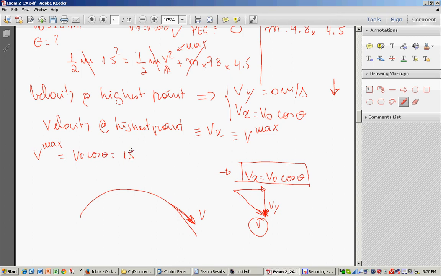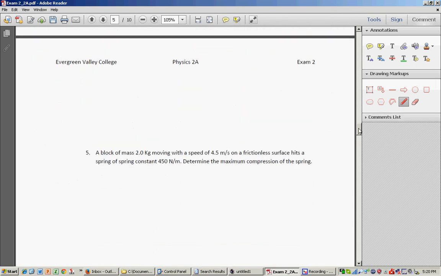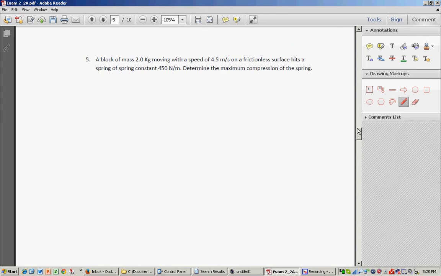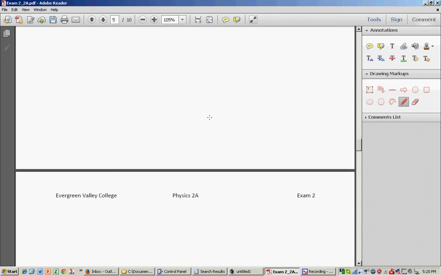V max, which we calculated in the first part, is equal to V naught cosine theta, or 15, because that's the value of V naught cosine theta. So our cosine theta is equal to V max, which we calculated, divided by 15. And then you can find your angle. Okay?